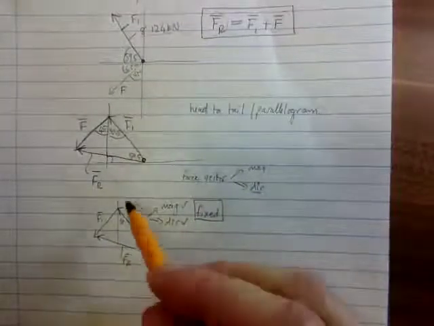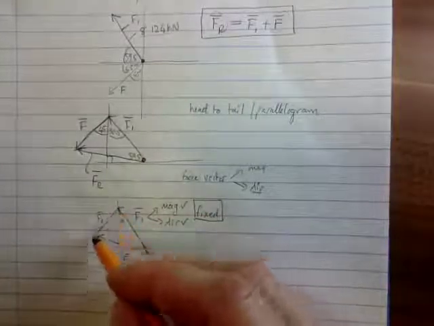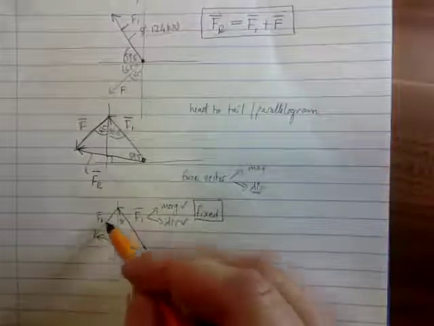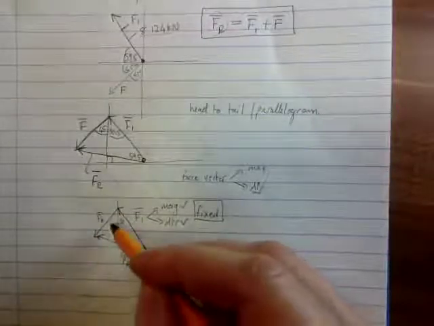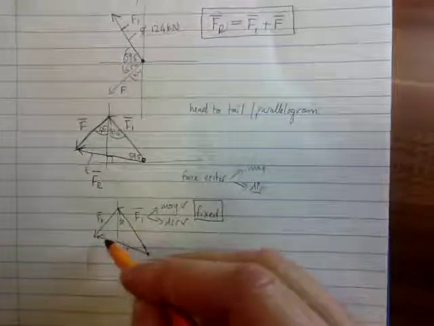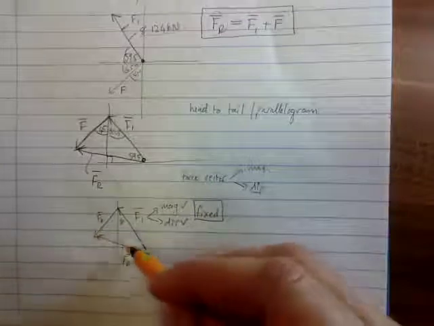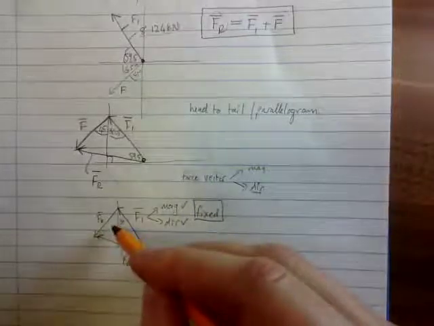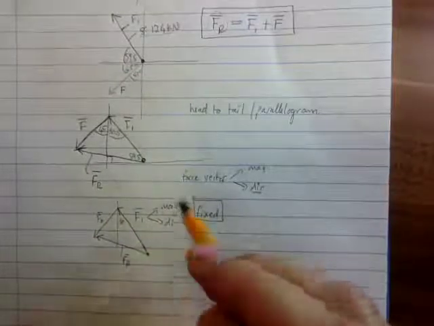It's fixed. It's given. We've calculated it. You can't change it. What can we change? Sorry, that shouldn't be F1. We can change F. We can change the magnitude of F and see how it affects FR. So we change F and we calculate FR. We change it again and see what FR is. We change F again and see what the resultant is. And we are trying to find the F so that this FR is a minimum.